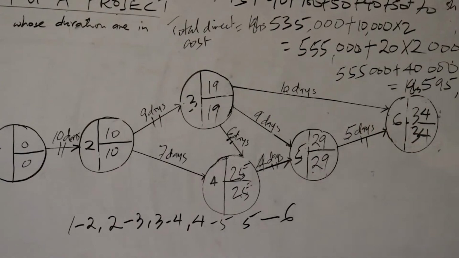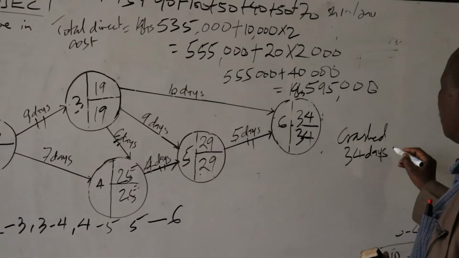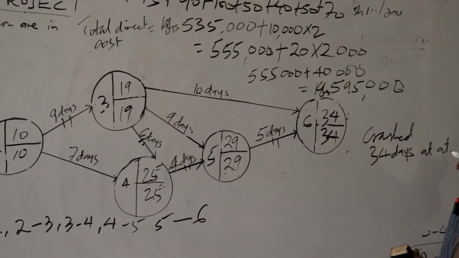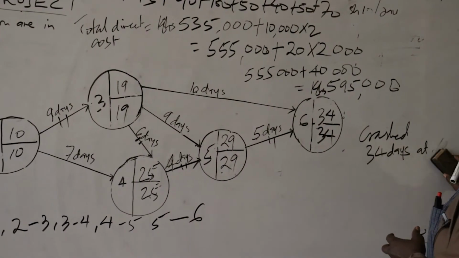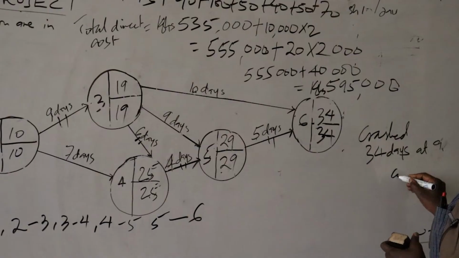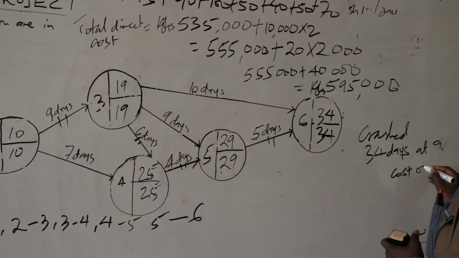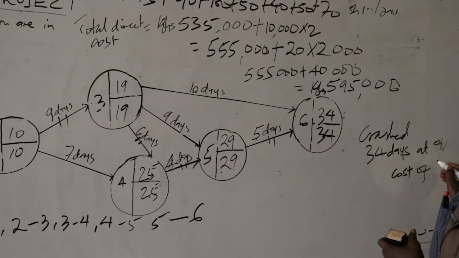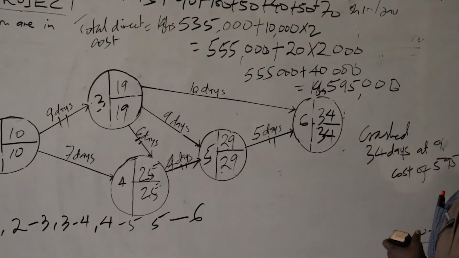So the project has been crashed to a total of 34 days at a cost of 595,000.